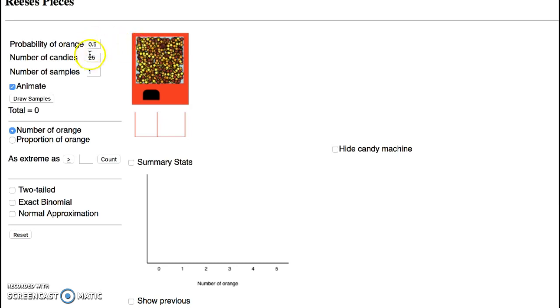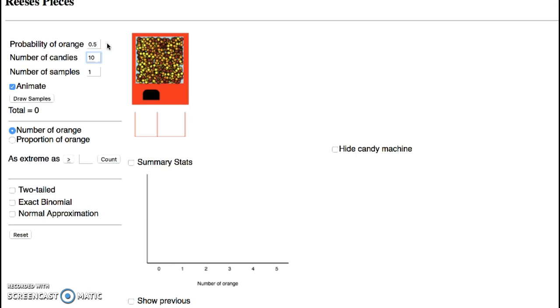So I'm going to illustrate it, first of all, with 10 candies in each sample. And for this probability of orange, this is based upon what we might know about the underlying distribution. Now, they've set 50% in this case. We're going to leave that.